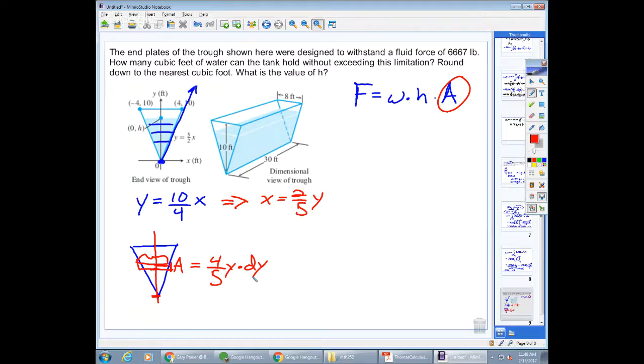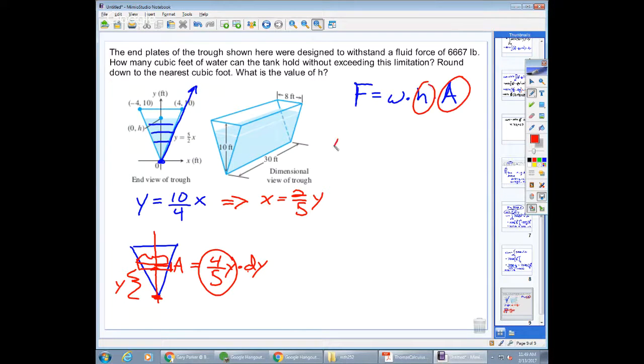Yeah, that's right. So at any particular height from here to here, this tells me how wide my rectangle is total, and that's the thickness of my rectangle. My depth is going to be the y, or my height here.